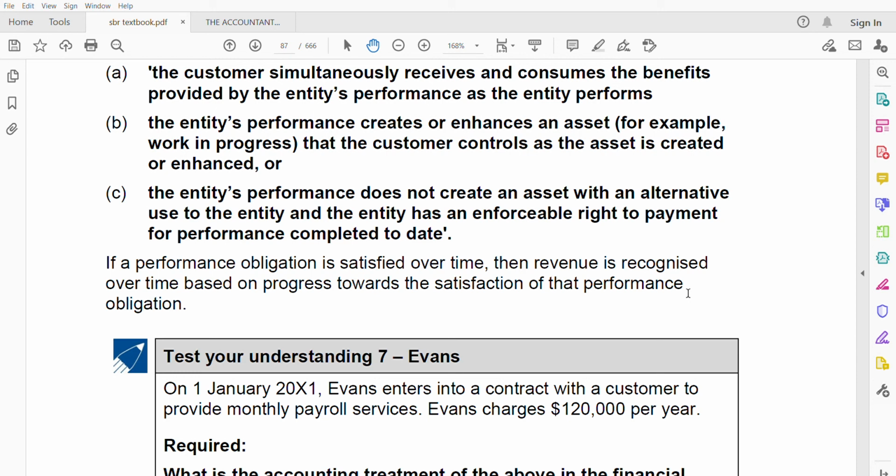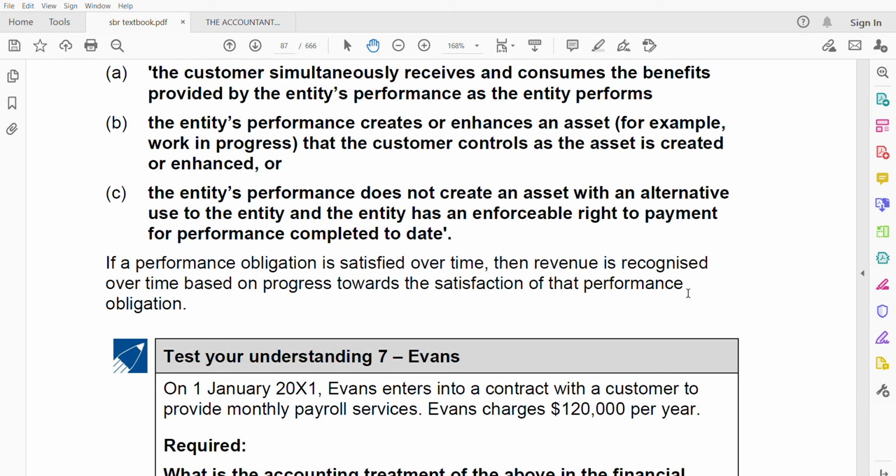So how do you recognize revenue? At the end of 5 years? No. Every year you have to recognize revenue. So you recognize revenue based on the progress, based on how much you have completed the work. Let's say in the first year you have already completed 10%. So only 10% you recognize as the revenue of the performance obligation. And next year 20%, third year 40%.